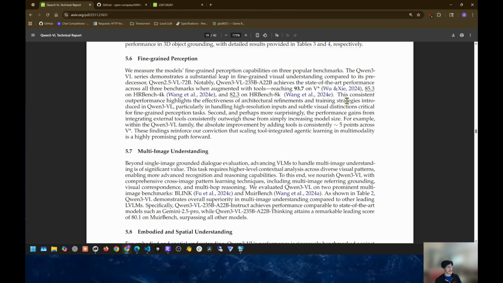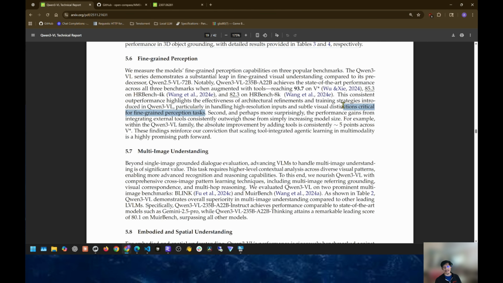This consistent outperformance highlights the effectiveness of architectural refinements and training strategies introduced in Qwen3 VL, particularly in handling high-resolution inputs and subtle visual distinctions critical for fine-grained perception tasks.